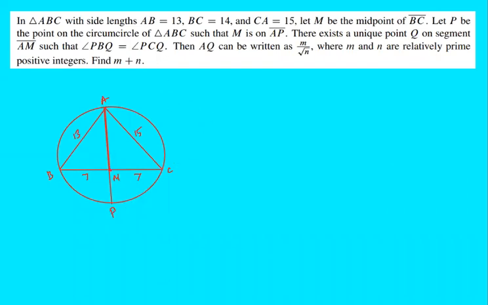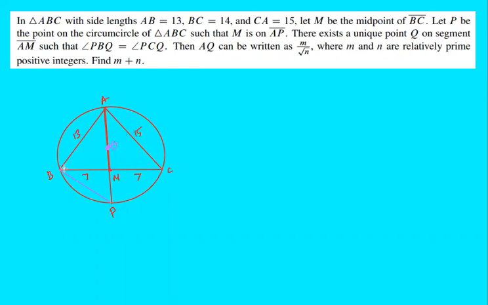Okay. And it says the angle PBQ. So PB, and there's a point Q right here. So I'm going to connect this. So there is a point somewhere right here. Let's assume there is Q right here. Okay.